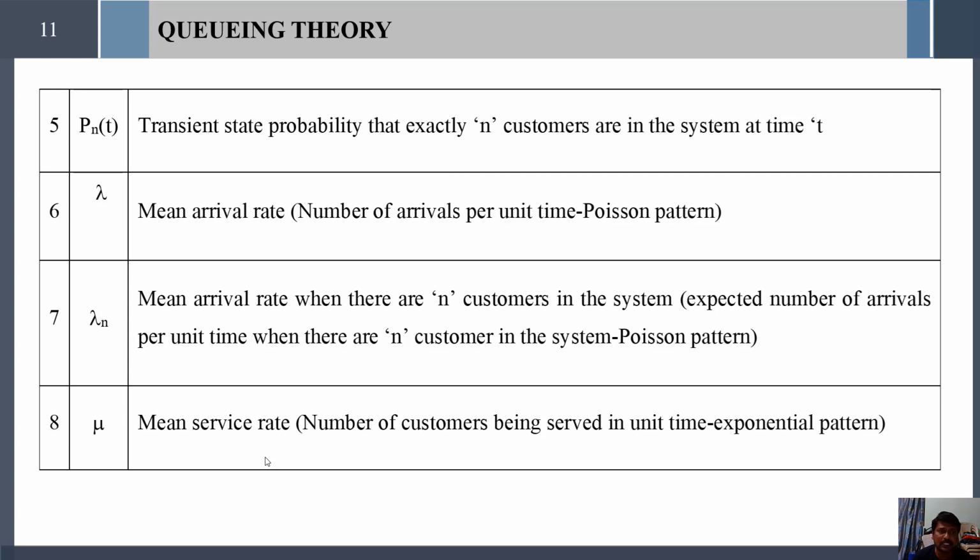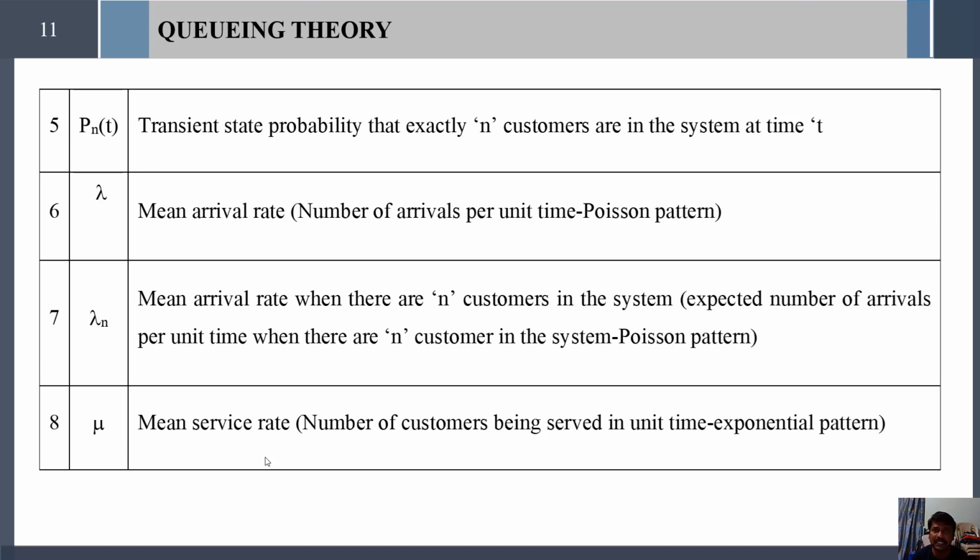And lambda as usual means the arrival rate, that follows the Poisson pattern. And lambda n means the arrival rate when there are n customers in the system, that also follows the Poisson pattern as it is an arrival rate. You have to keep this in mind: lambda always defines the arrival rate.